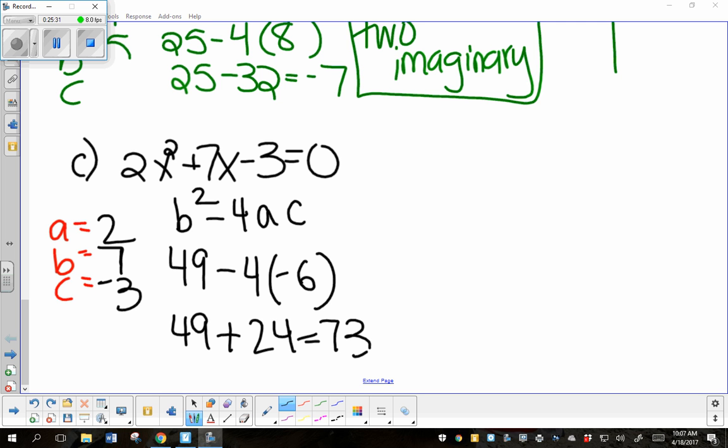And since it's not a perfect square and it's positive, that'd be 2 irrational solutions.